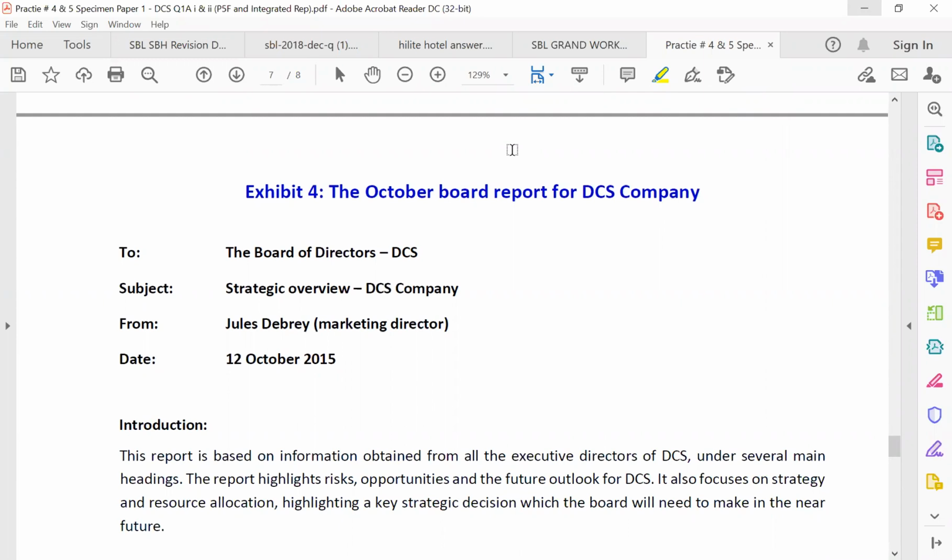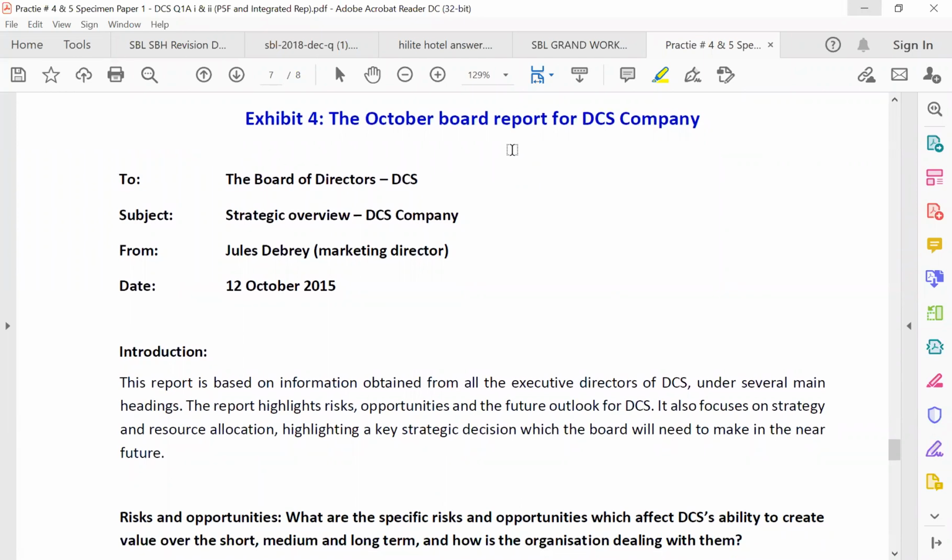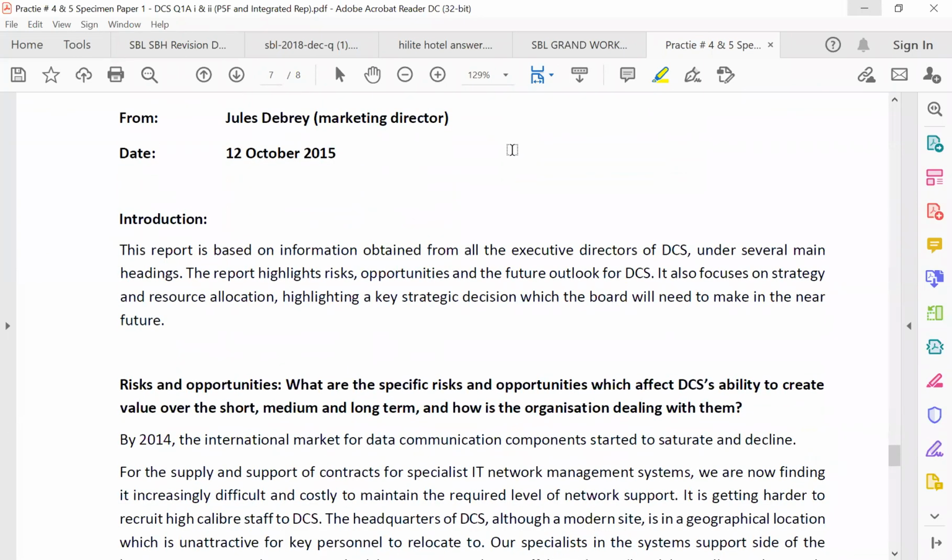Now let's look at exhibit number 4, the October board report for DCS company. The board of directors, DCS company, strategic overview, JD, marketing director, 12th of October 2015. Let's look at the introduction. The report is based on the information obtained from all the executive directors of DCS company under several main headings. The report highlights risks, opportunities and the future outlook for DCS company.